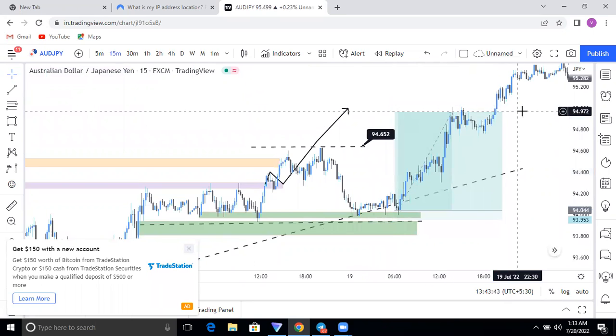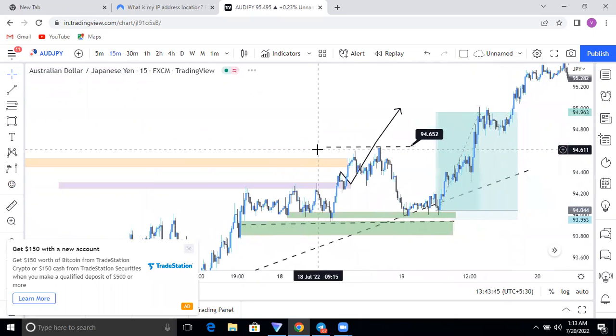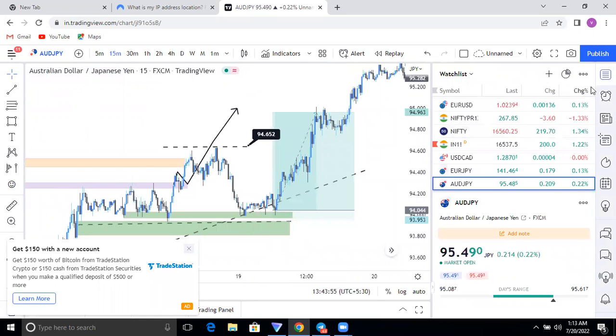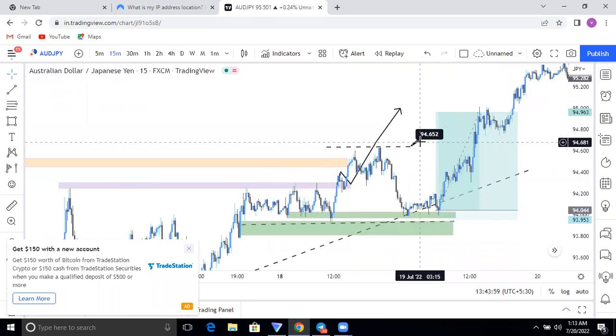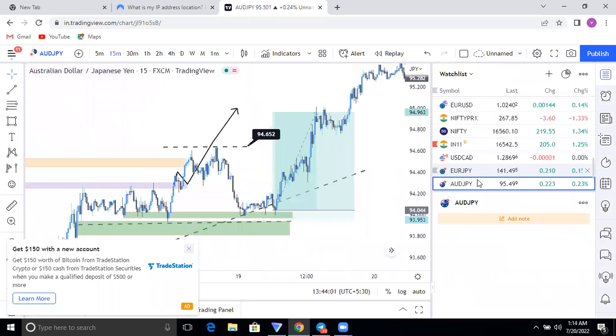So that could have been what happened in AUDJPY, but you know, a loss is a loss. The most important thing is to get it right and know exactly what you should have done better, and that is what we are doing.